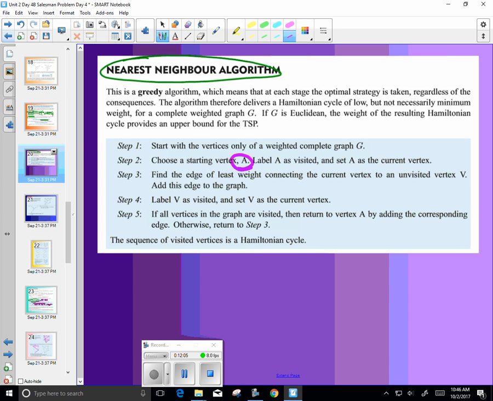Find the edge of least weight that connects to it. And then once you get those, just circle them or draw the line, and then go until all of those vertices are given. Now once you get to the end, you're going to visit all the vertices. Then you have to go back to the beginning to finish it.